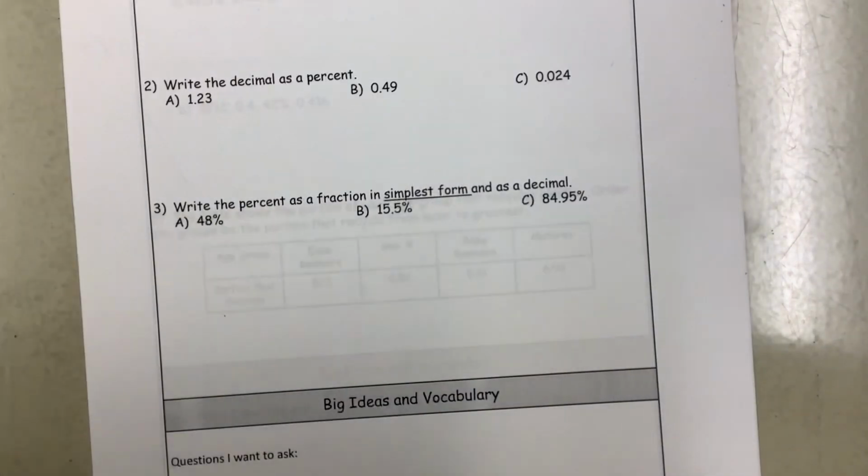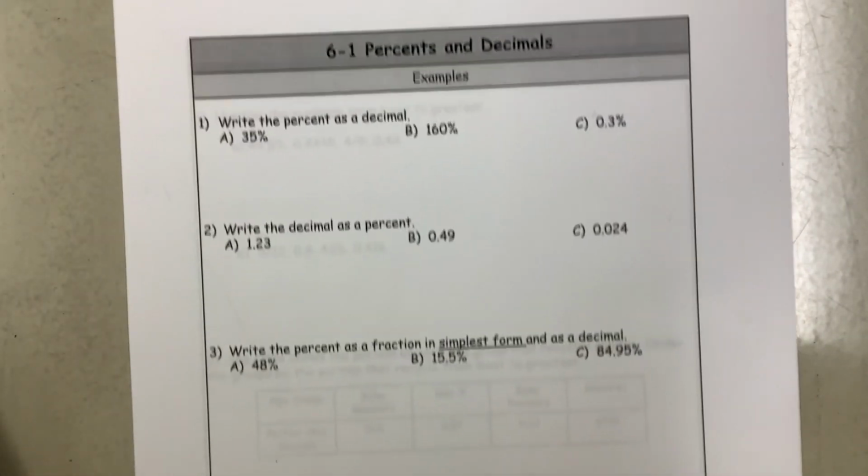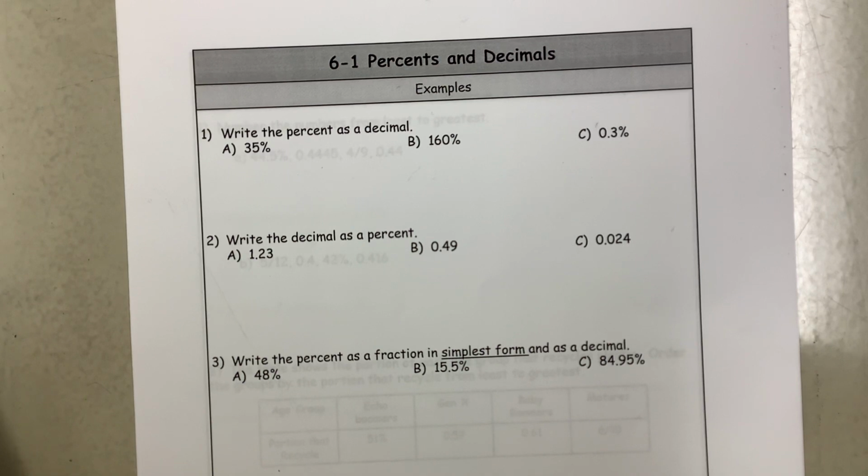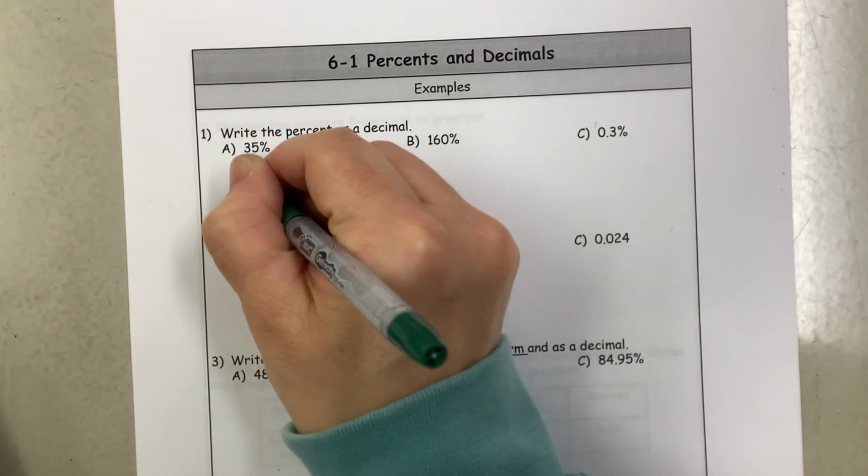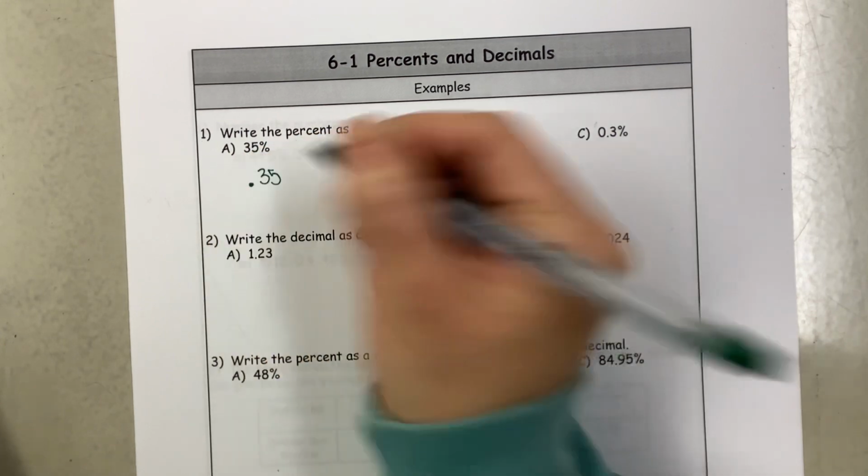Okay, so the first one, the 35%, becomes 0.35 because we're moving that decimal, which is hidden, but it's behind the 35 2 times. All right, so we have 0.35.